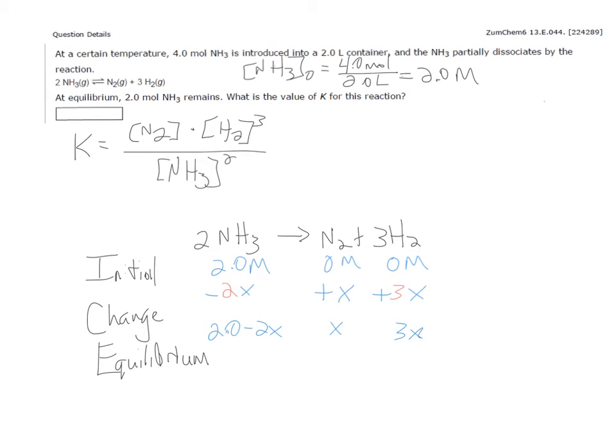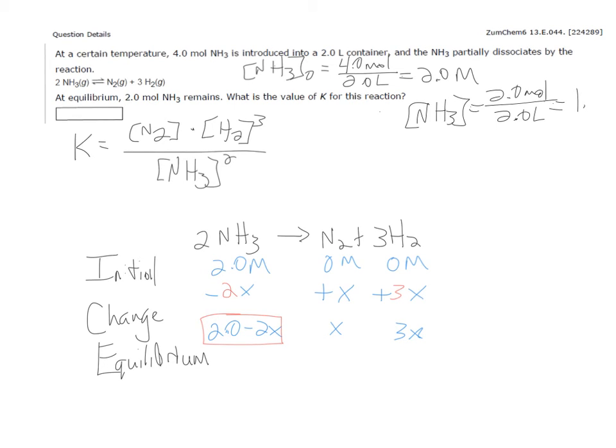Now we're going to take some of the information that they gave us in the problem and apply it to the ice table. Namely, they're telling us that at equilibrium, 2 moles of NH3 remains. So that means at equilibrium, the concentration of NH3 is 2 moles divided by the 2-liter container.